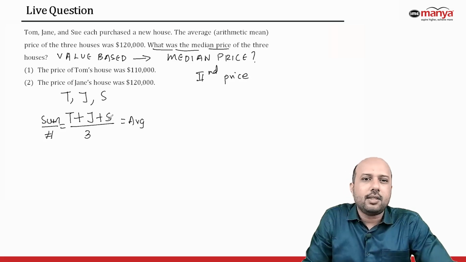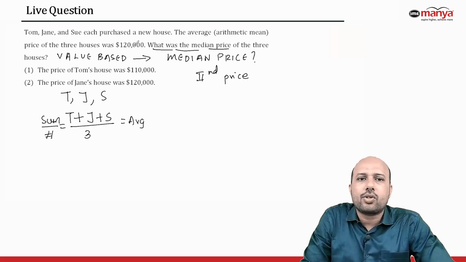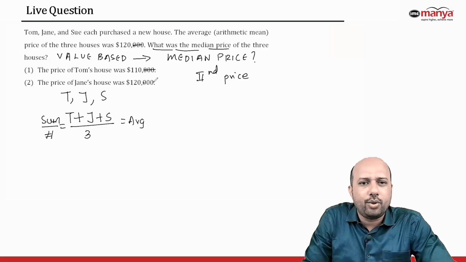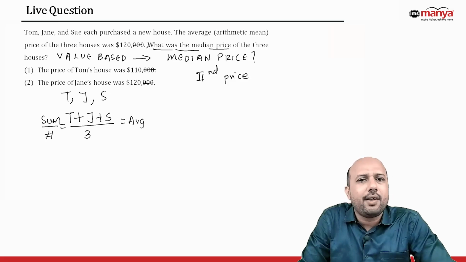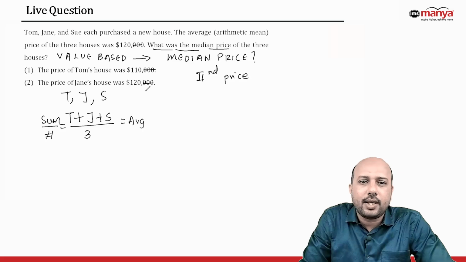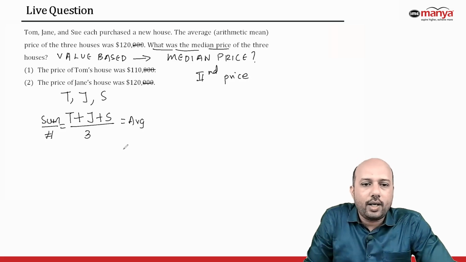If you look carefully, there are three zeros common everywhere in the question. Whether to use these three zeros or not is up to you. It's not necessary to use them because they are common anyway. So just strike them off and work with 120, which is not going to affect your final answer. Now the average is 120, so the sum of the three prices would be 120 into 3.